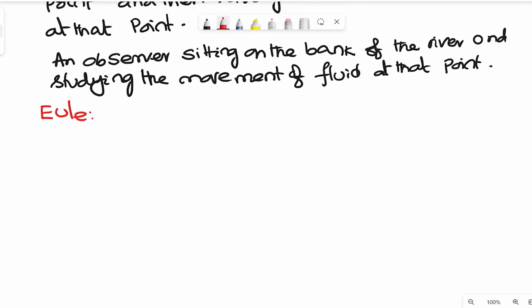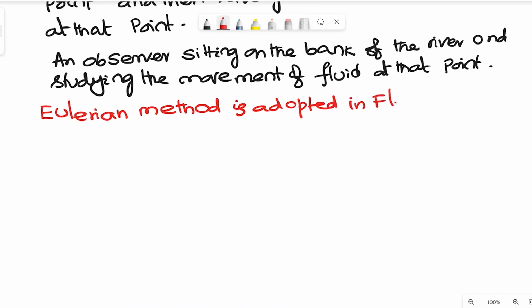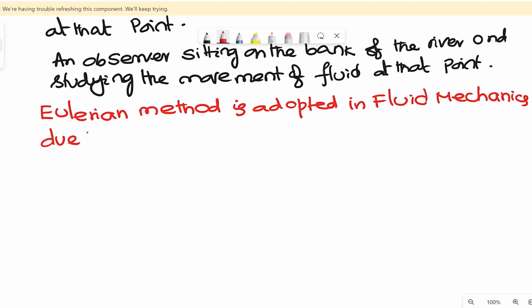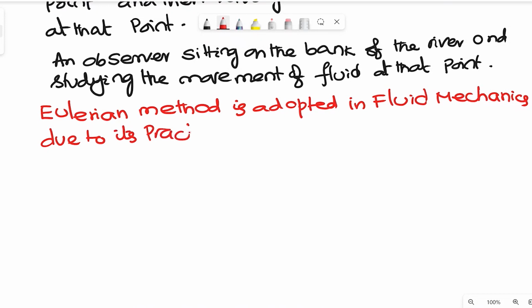The Eulerian method is adopted in fluid mechanics due to its practicability and simplicity.